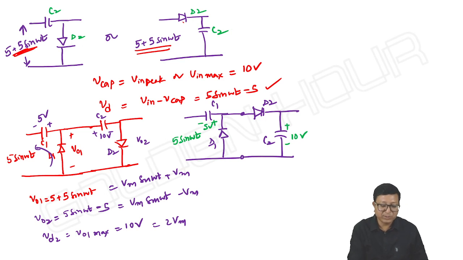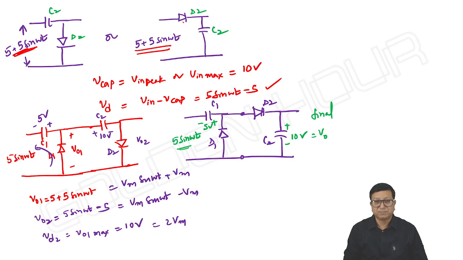Now how to get 5 plus 5 sin omega t? It is the output of a positive clamper for an input of 5 sin omega t. That's it. This is the simple circuit we can take, and input is a sine wave of peak amplitude 5 volts, and this is my overall final output.